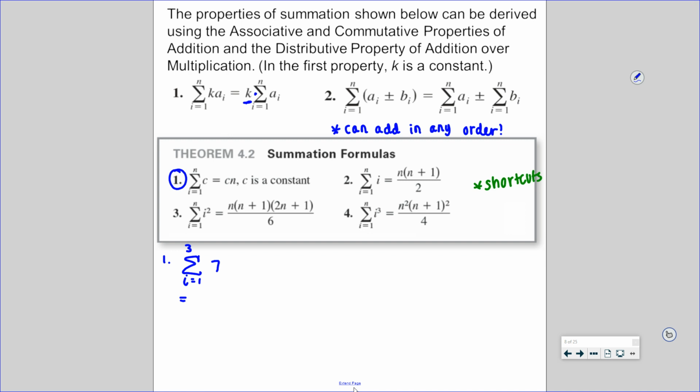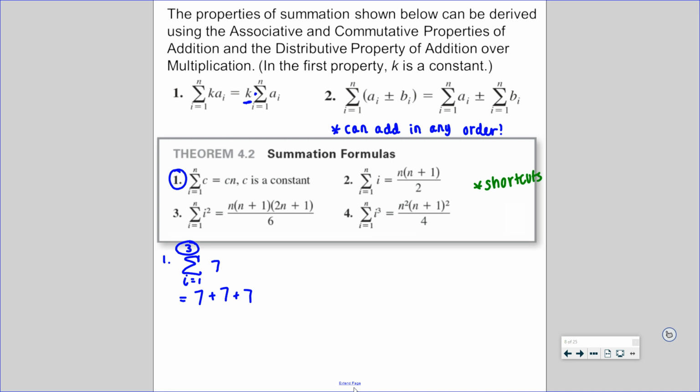So my output's always just 7. It's kind of like a horizontal line. When you have y equals 2 as your rule, and there's no numbers to plug in, you're just going to get that constant output of 2. That's my rule here. I'm going to get 7. And I'm going to stop after I do 3 terms, because that's technically plugging in 3 for i. So we would get 21.